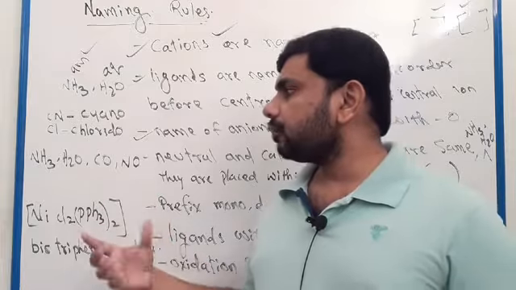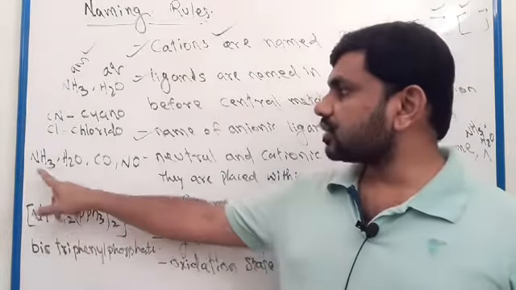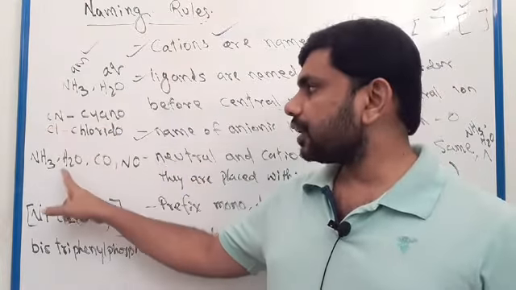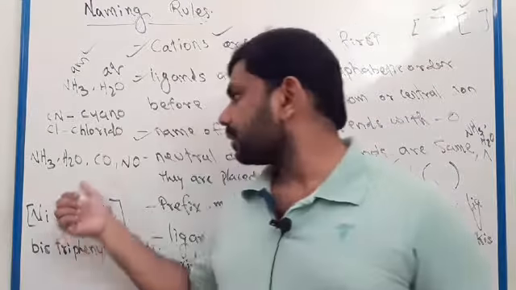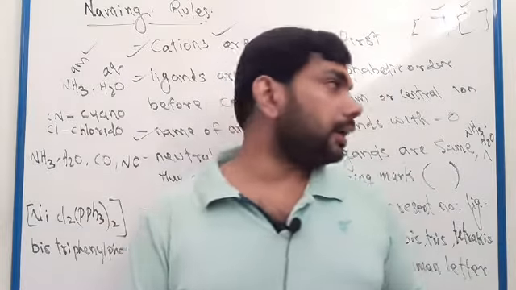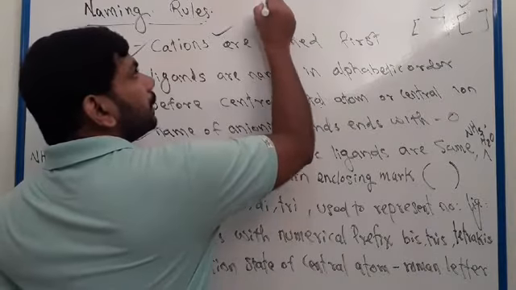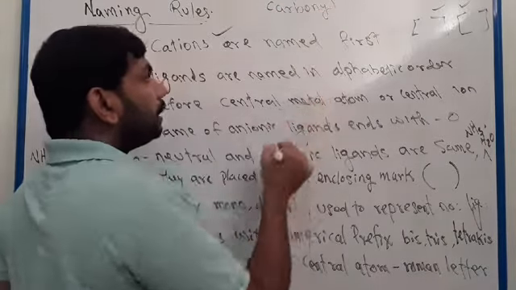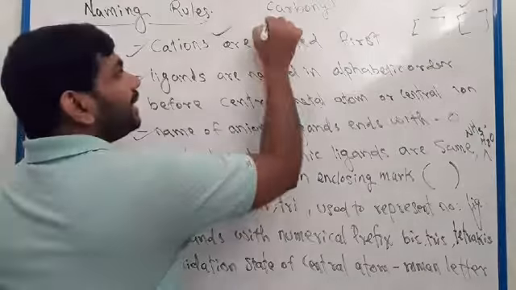When you are giving names for these ligands, NH3 is named amine, H2O aqua, CO carbonyl. And here the last one, NO, it will be nitrosyl.